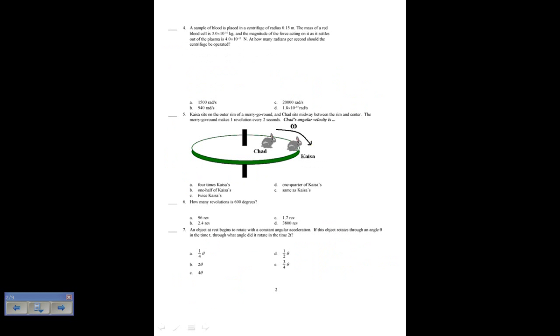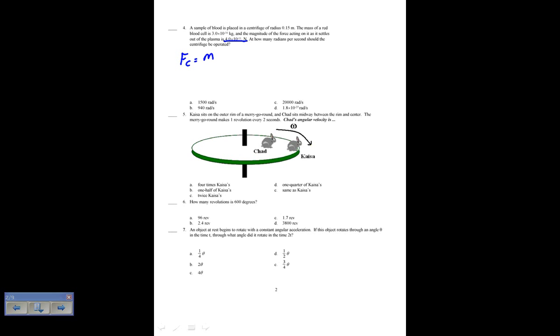A sample of blood is placed in a centrifuge, radius 0.15. The mass of a red blood cell is given, and the magnitude of the force settles out as that. How many radians per second should the centrifuge be operated? This was identical from the homework. The centripetal force, which is the force that's required to let the blood cell settle out of the plasma, is that.